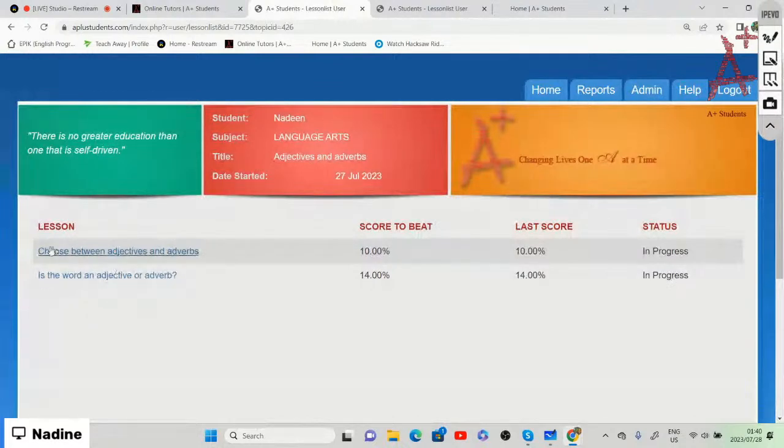Say, is the word either an adjective or an adverb, right? And remember, when we choose words that are either an adjective or an adverb, we sometimes need to keep in mind: is it a noun, an adjective, a verb, or another adverb?